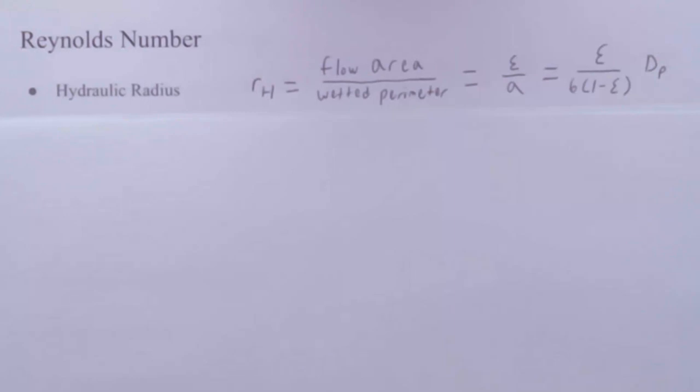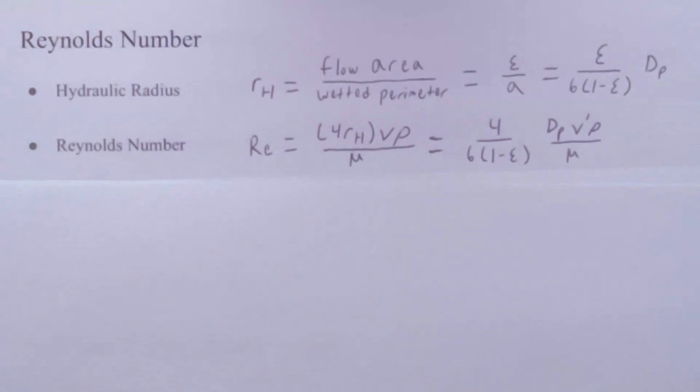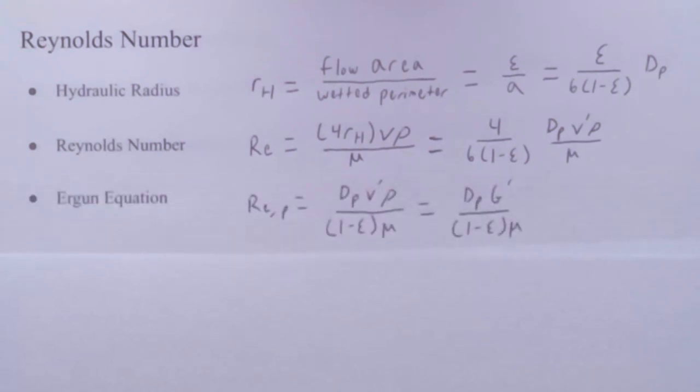We can substitute 4 times the hydraulic radius as the characteristic length in the Reynolds equation, as shown here, and obtain a coefficient of 4/6. However, for convenience, the Ergun equation replaces the 4/6 and also adds G prime as the superficial velocity times the density of the fluid, where G prime represents the mass flow rate in a cross-section of the bed.